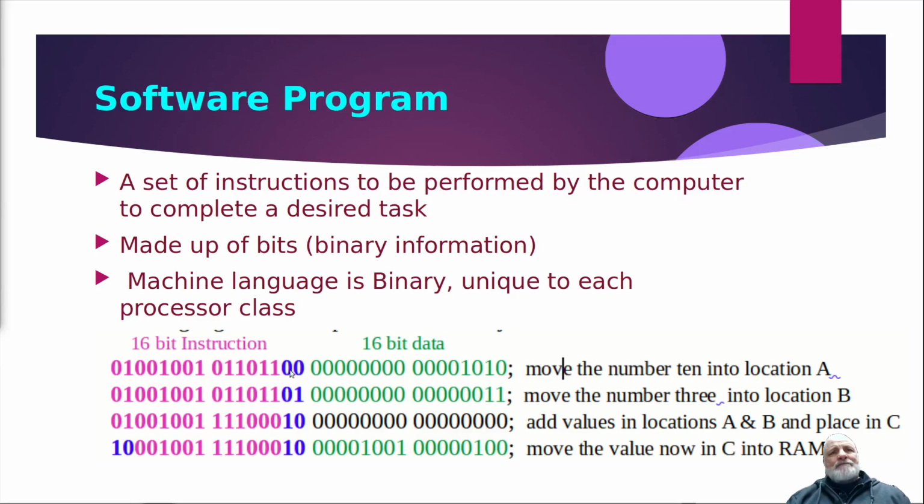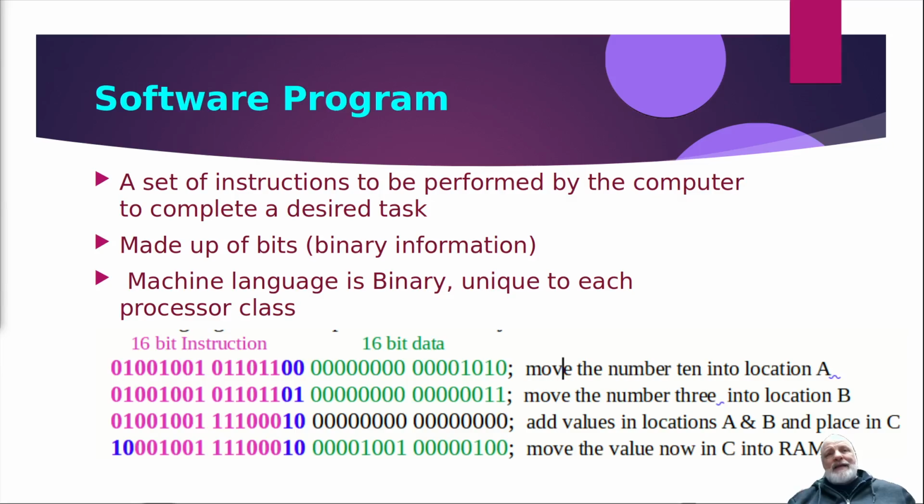And as I highlighted here, there are some differences. So this 16-bit instruction might be to move the data from that long-term storage into RAM, because the processor can't do anything with what's in long-term memory. It needs to get it into a local memory storage, RAM, to do something with it.